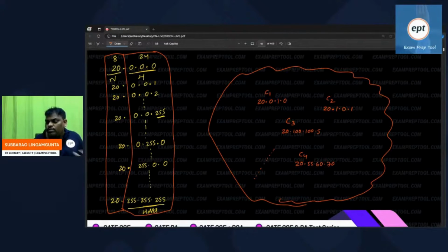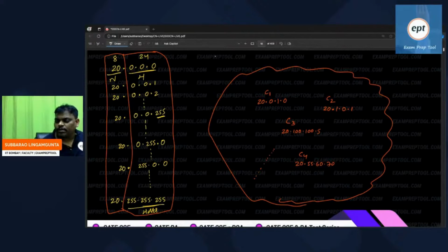But when you say it is a network, every network also requires an IP address. Sir, what is the IP address of this total network?